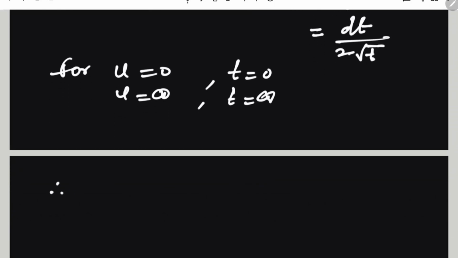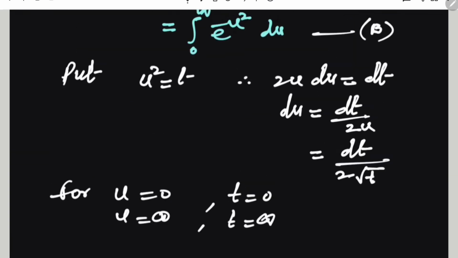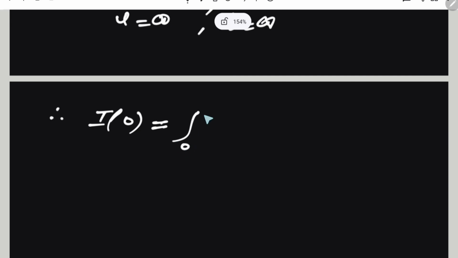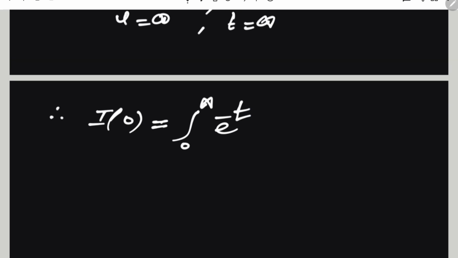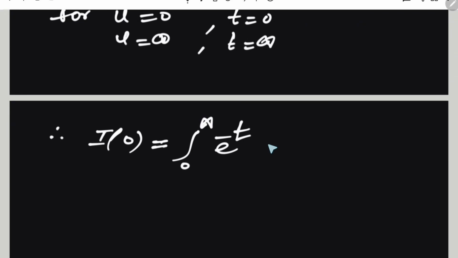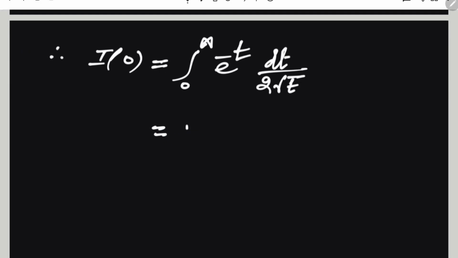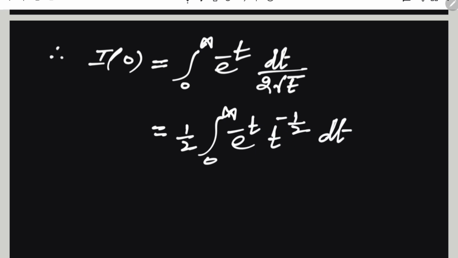Substituting all this information in equation b, we get the value of I of 0 as integration from 0 to infinity, no change in the limits, e raised to minus t, and du is dt divided by 2 times root of t. Rewriting it, taking 1 by 2 outside the integral sign, it is 1 by 2 integration from 0 to infinity e raised to minus t into t raised to minus 1 by 2 dt.